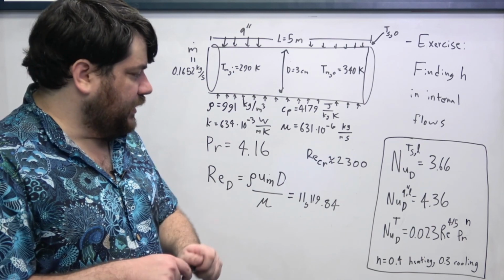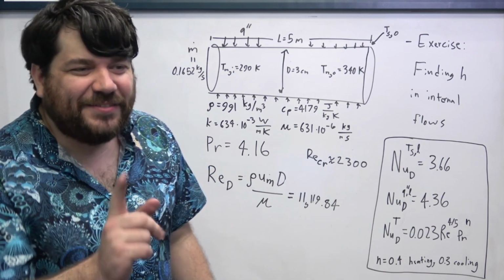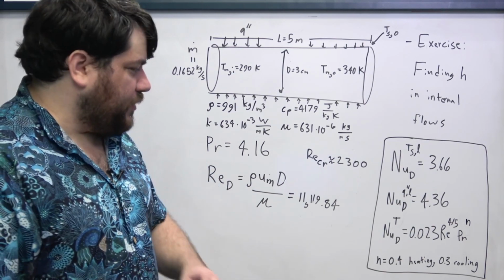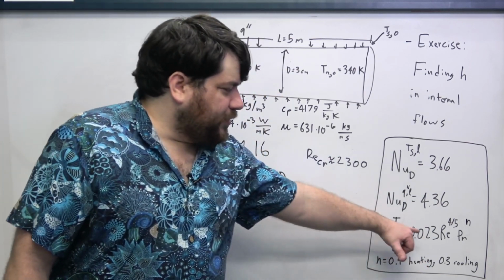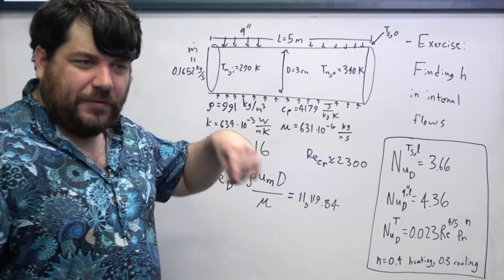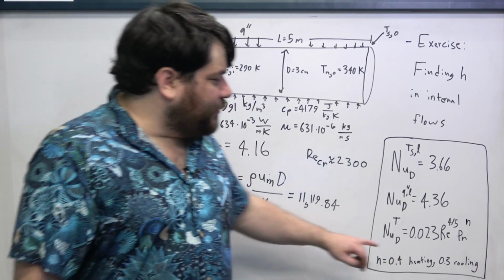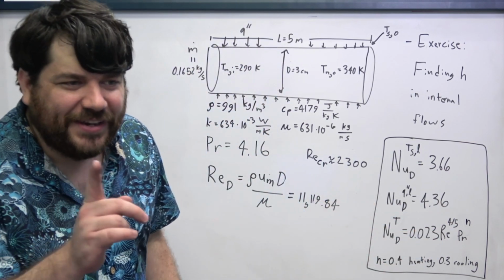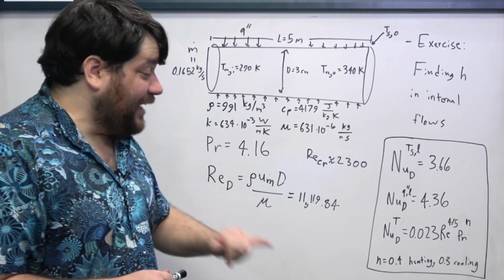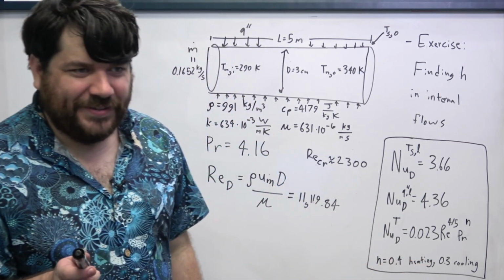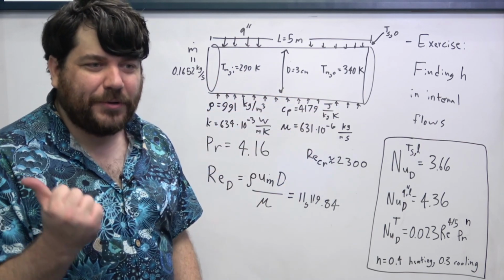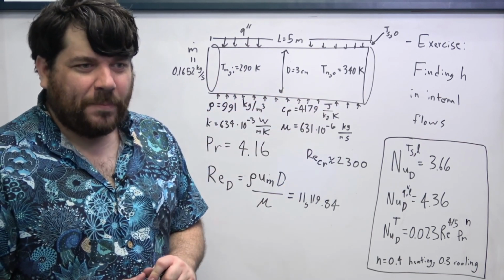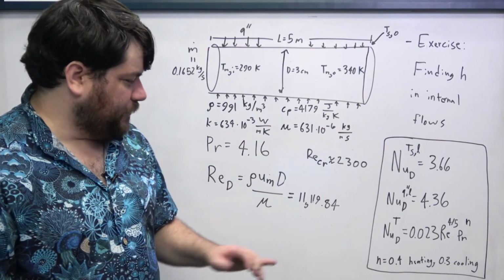Well, the correlation that we get is a very interesting little correlation. So here it is. It's 0.023 times the Reynolds number to the 4/5 power times the Prandtl number to an exponent n. And that exponent is different depending on whether the liquid inside of the pipe is heating up or cooling down, which is very weird, right?